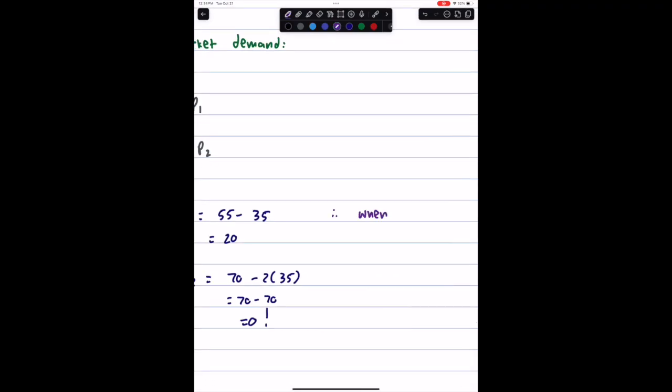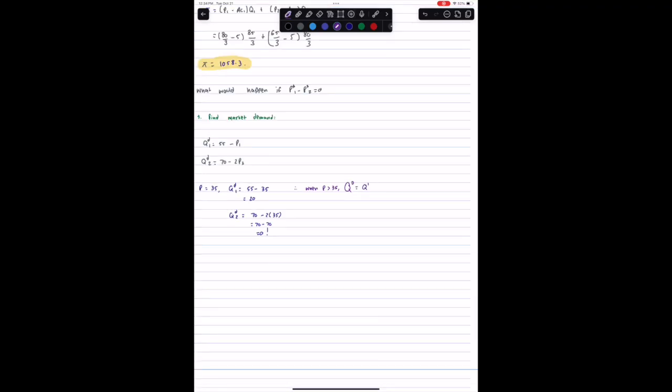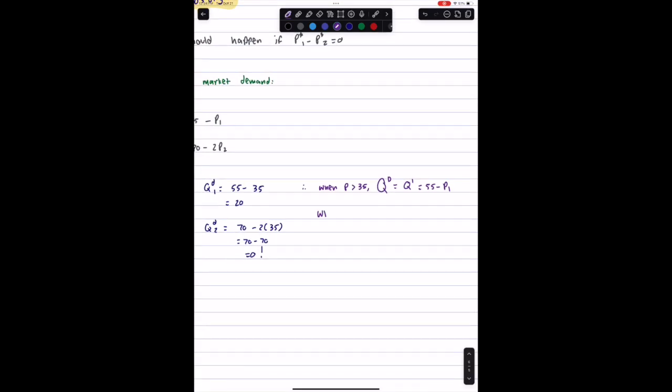Therefore, we can say when the price is greater than 35, market demand is equal to just the first quantity demand, Q1, which is equal to 55 minus P1.